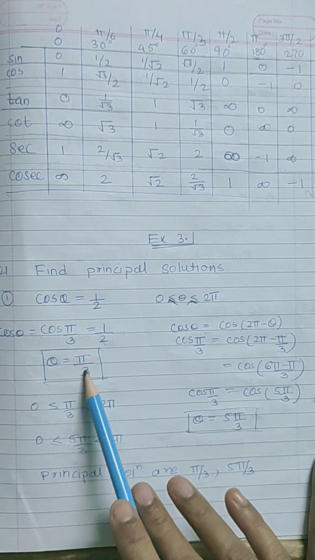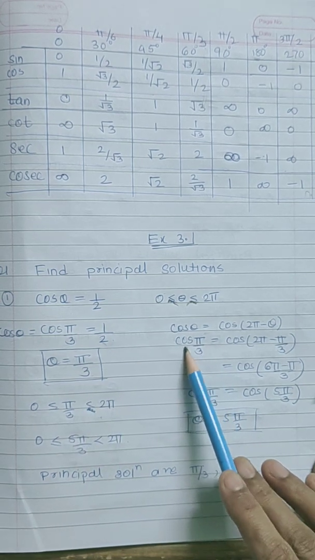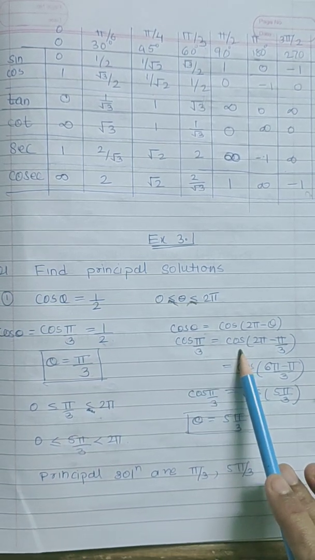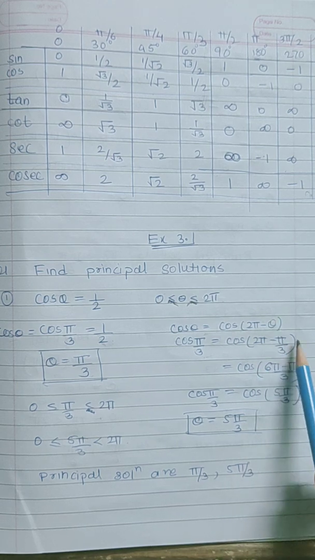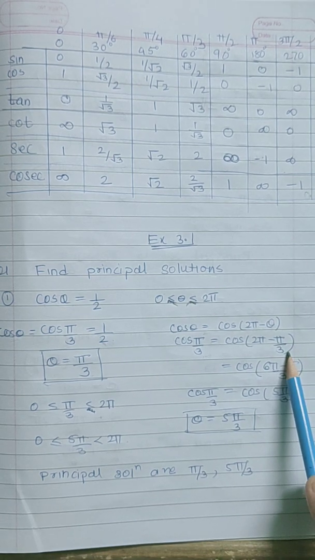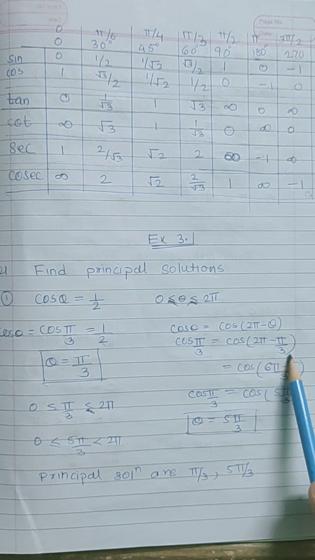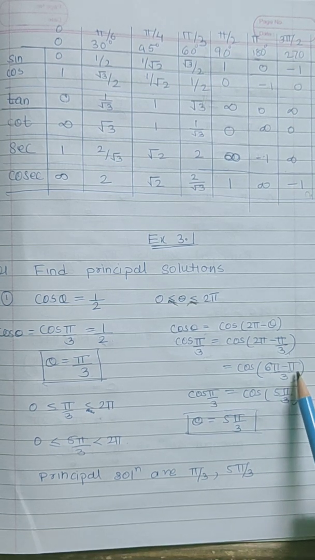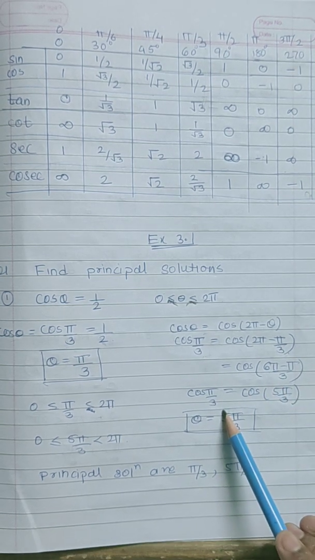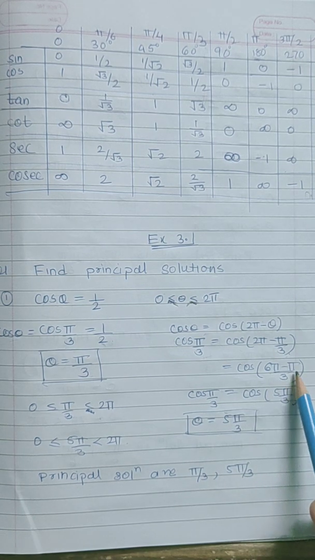Now here what we got? Our theta is pi by 3. So cos pi by 3 is equal to cos 2 pi minus what is theta? Pi by 3. Now do cross multiplication. That is 6 pi minus pi upon 3. So cos pi by 3 is equal to cos 5 pi by 3.